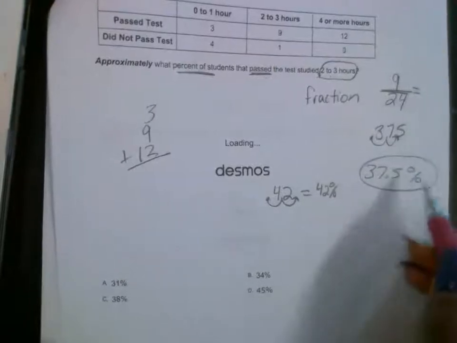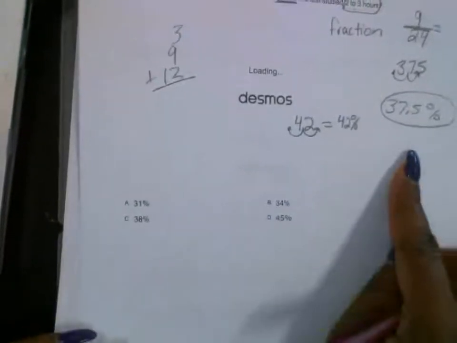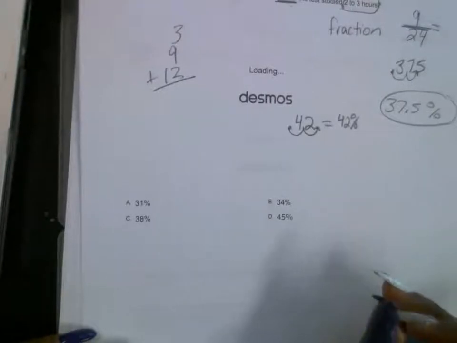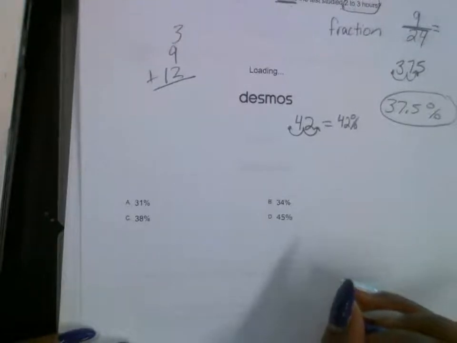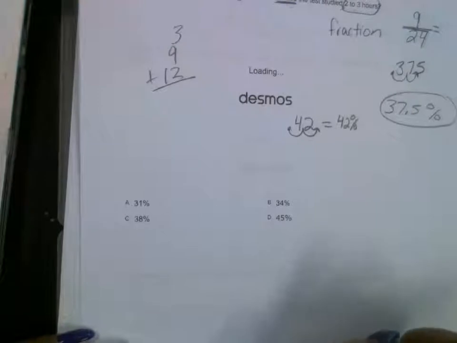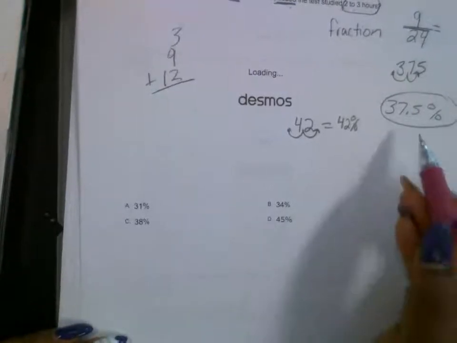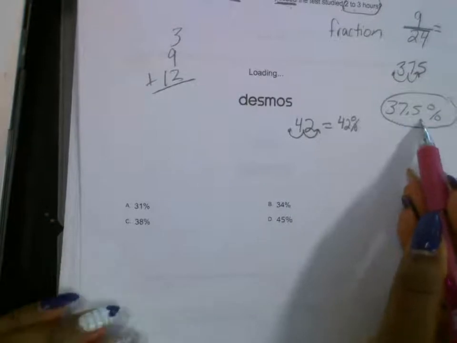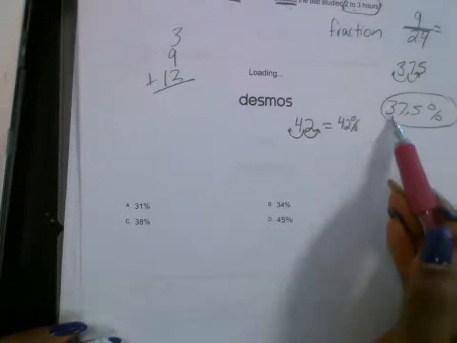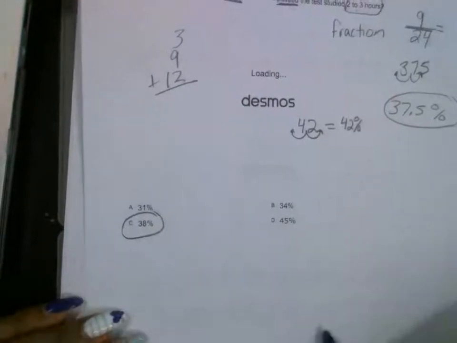Okay. All right. So which one of these is the closest answer down here? Okay. So 37.5. Read your answer choices. 38. Make sure you take your time so you don't get that wrong, okay?